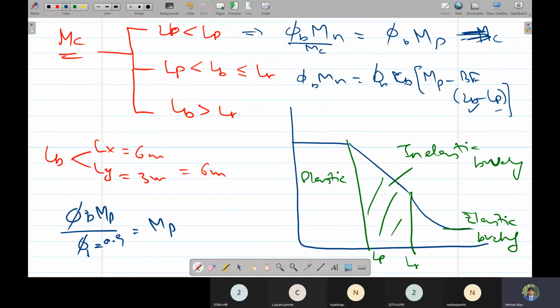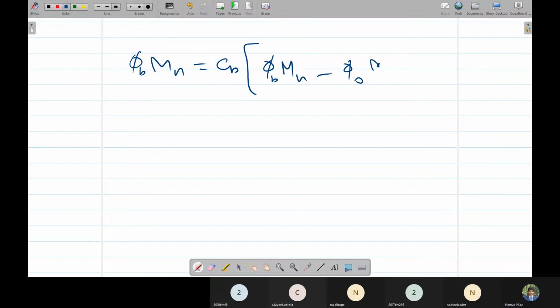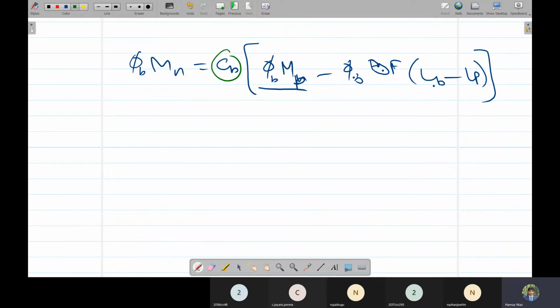Or you can use it like this: multiply phi inside, so phi b Mn is equal to Cb times phi b Mp minus phi b BF, LB minus LP. Phi b Mp and phi b BF we can get from the table, and LP we also know. Cb is equal to 1. We are going to assume it as 1. We are not going to do a calculation for Cb.